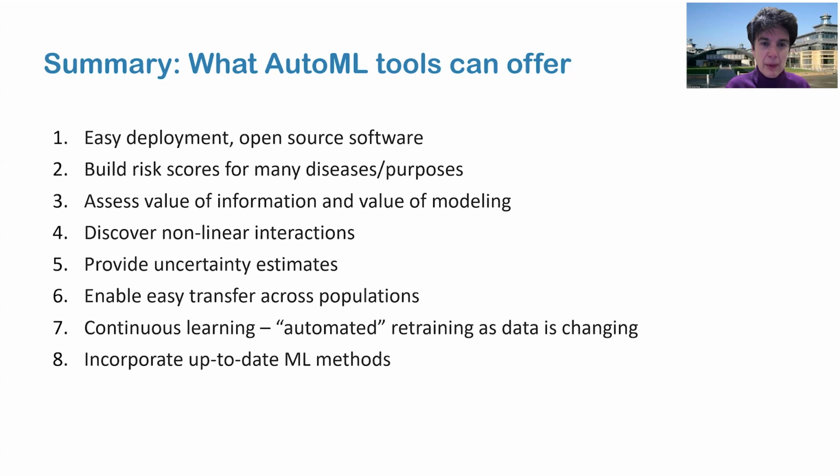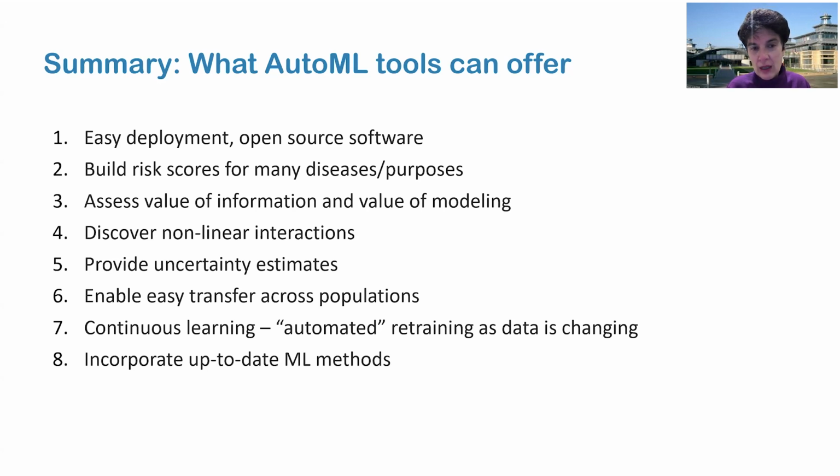They are easy in deployment, often they are open source. You can easily build tools for many diseases. You can determine what are the valuable covariates for making a particular forecast, such that in the future you don't need to collect all the many variables, but rather a subset.